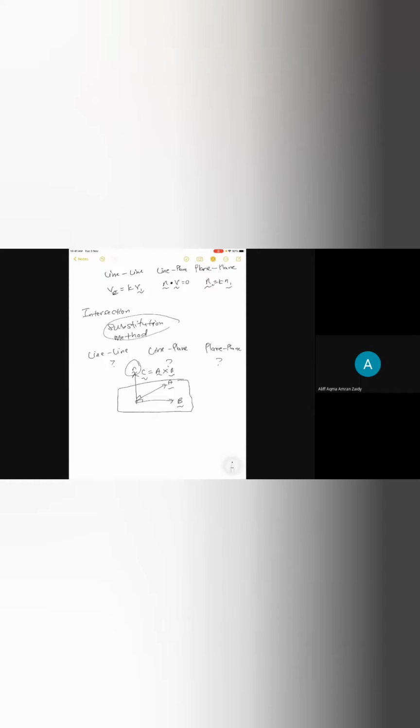Okay, it depends on the vector that you choose. Tapi jawapan dia beza daripada positif negatif saja. Not unique, but the difference is only for negative and positive sign lah. Okay, and then again depends on the points that you choose.